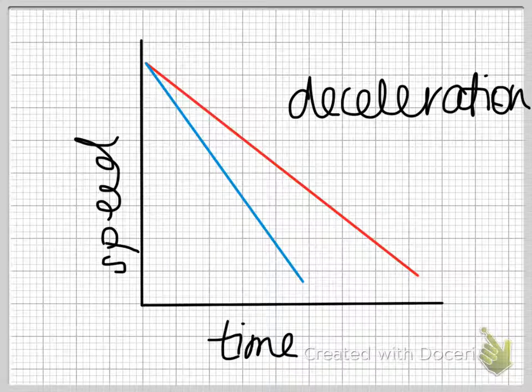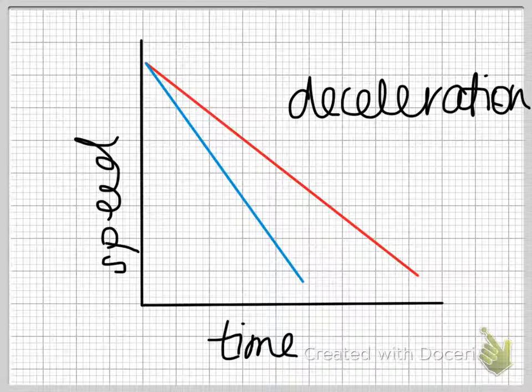So here, the blue line is indicating that the object represented by the blue line is decelerating at a faster rate, or has greater deceleration, than the object represented by the red line. It does not mean that the deceleration is not constant. It's steady deceleration, just at a faster rate.